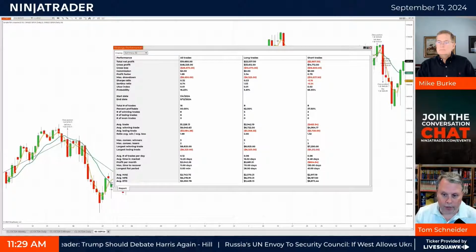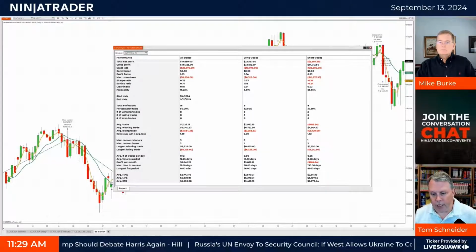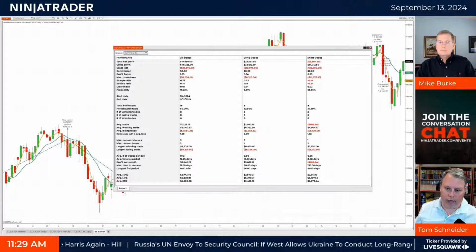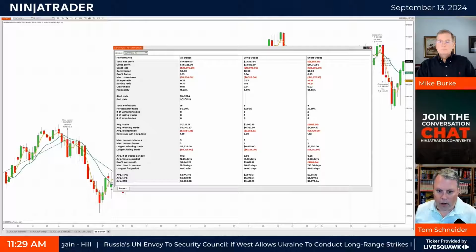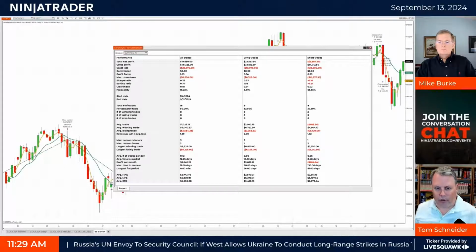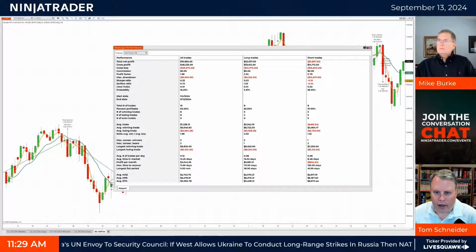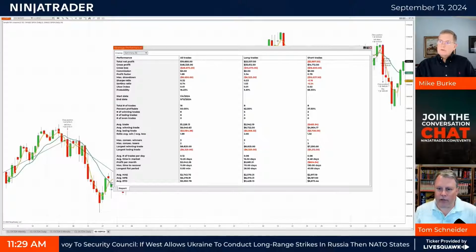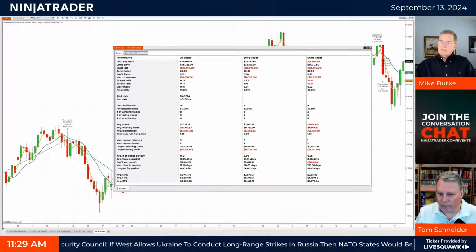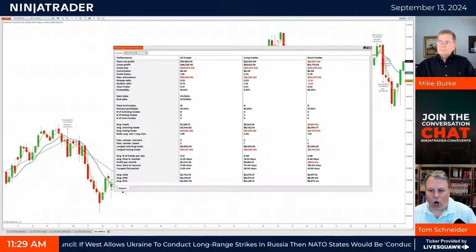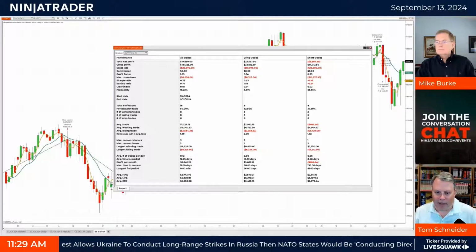It could be multiple trades. Maximum adverse excursion is basically how much a trade can move against you, right? Do we see drawdown on this screen? Yes. Max drawdown is here near the top, and then maximum adverse excursion is down here at the bottom. That should always be smaller than the max drawdown, and it is.